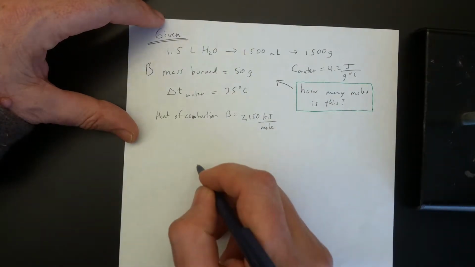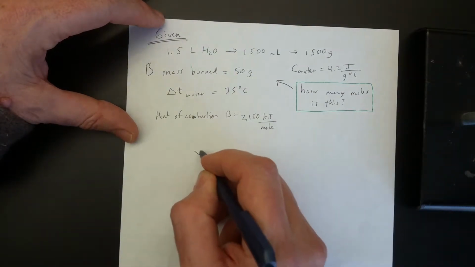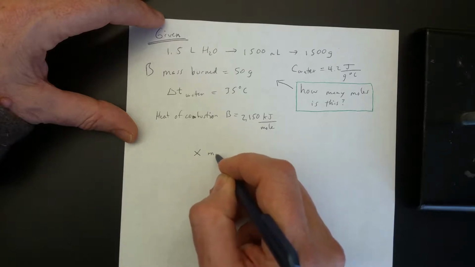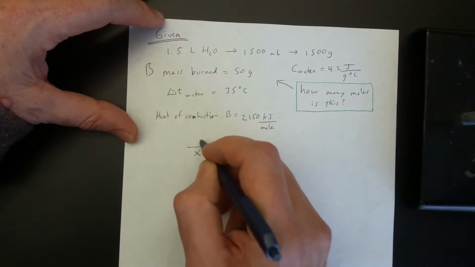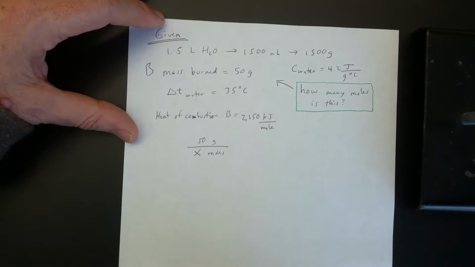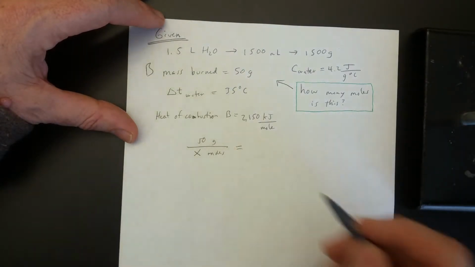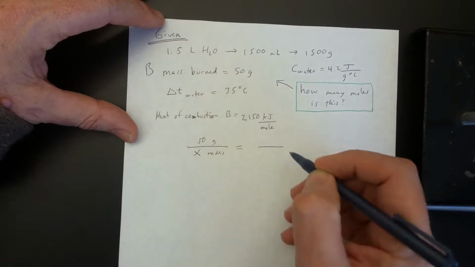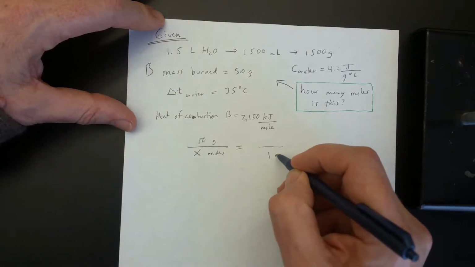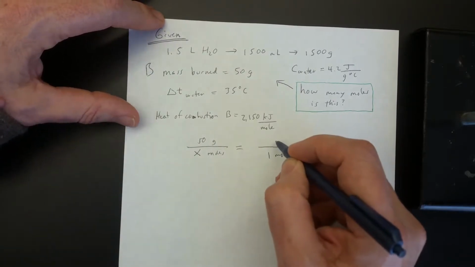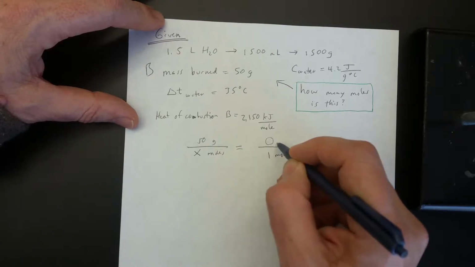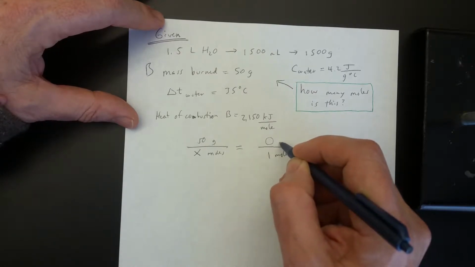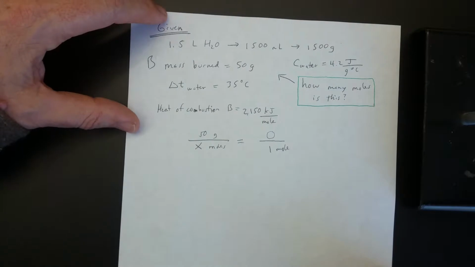So if you start with the question, we want to know X moles is 50 grams. In order to know that, if we can solve for the mass of 1 mole, then we can get through the rest of the question.